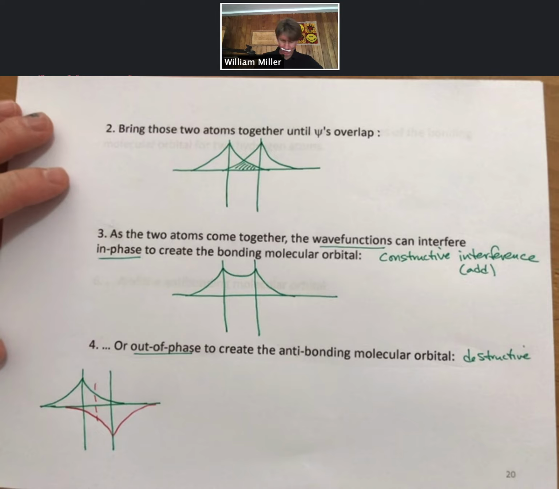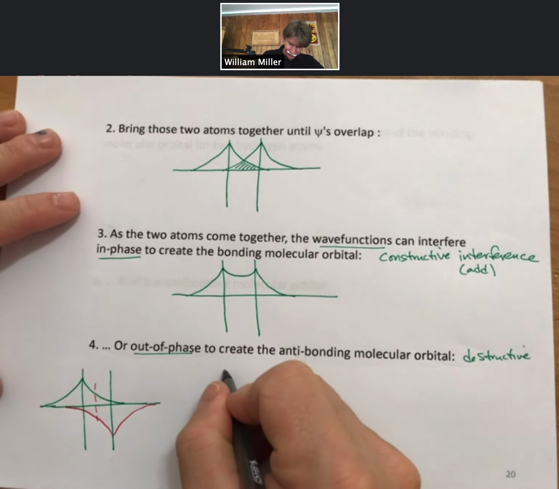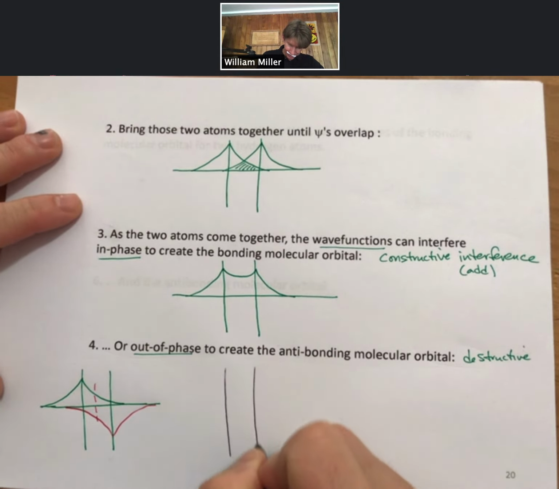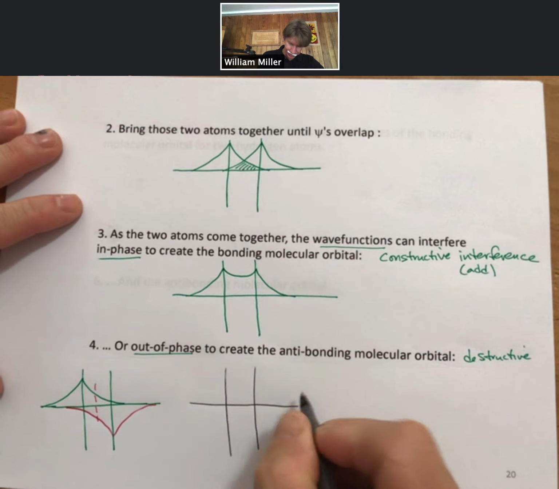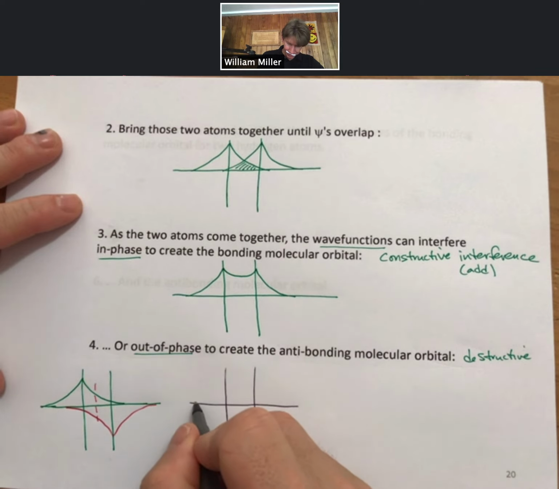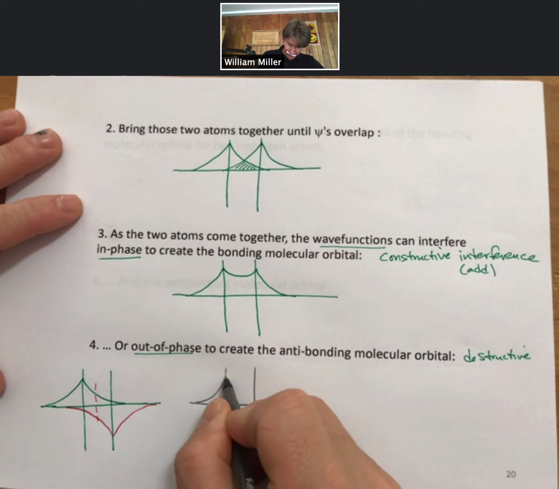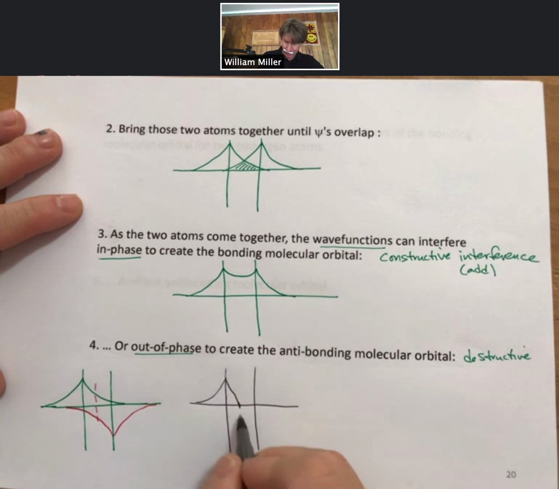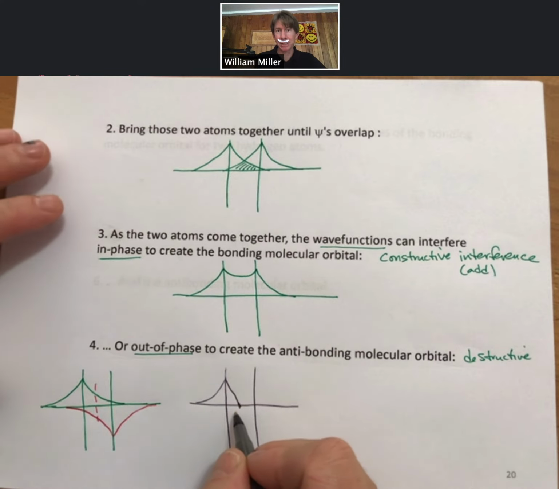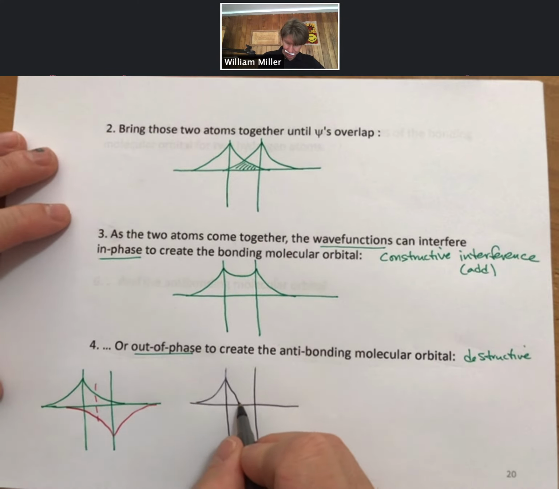And so our overall function will come up. It'll start to come down. And then there will be a point where the wave function is 0. Then it will come through here and sort of curve up.